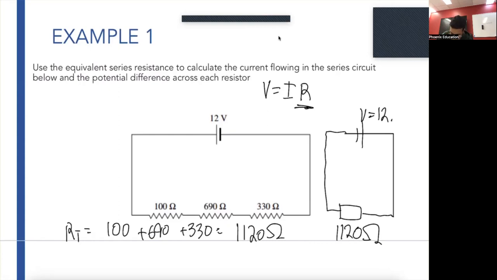So applying Ohm's law, V equals 12, I equals unknown. We're trying to find what the current flowing through this circuit is. And we know that the resistance is 1120 ohms. So the current would be 12 divided by that, and that would give us 0.01 amps, all right?